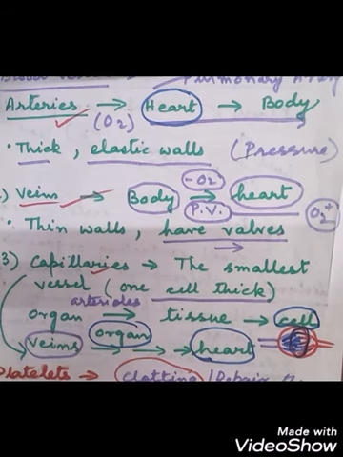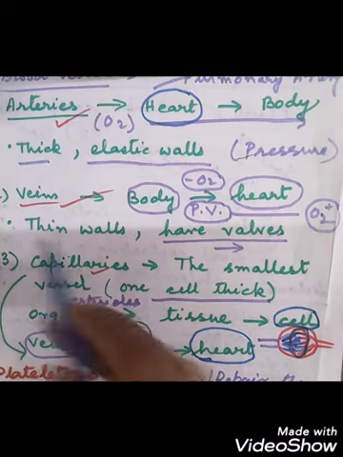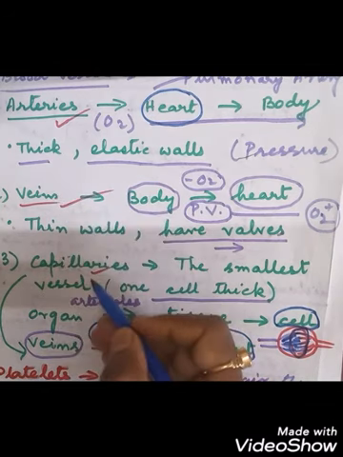So they are mostly found, as you have studied before, in the alveoli, where exchange of gases will take place by the process of diffusion, and they are 1 cell thick for facilitating the diffusion of the gases. So we got 3 names of blood vessels: arteries, veins, and capillaries.